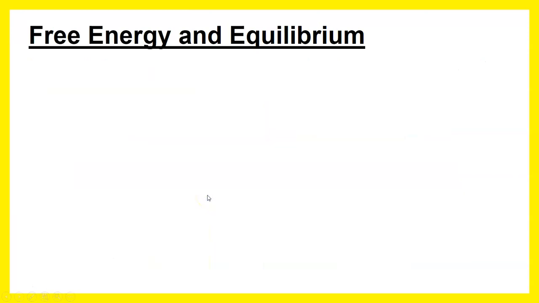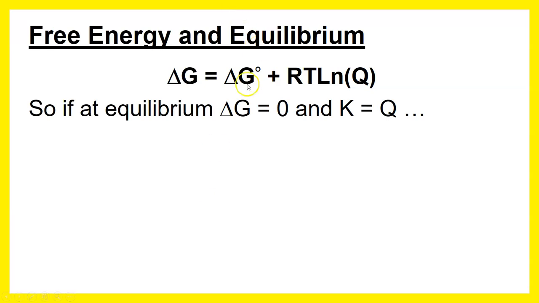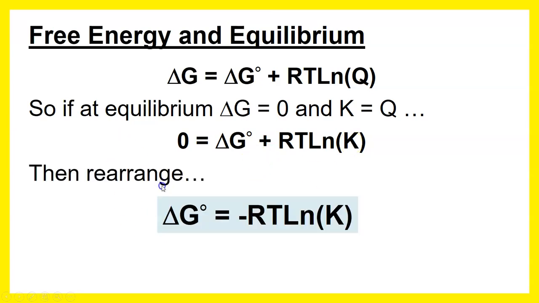Now, thinking about this equation, we know delta G at equilibrium is 0, because there's no change, right? And we know at equilibrium K and Q finally equal each other, then I could substitute those in. And then can't I rearrange this, move this to the other side?